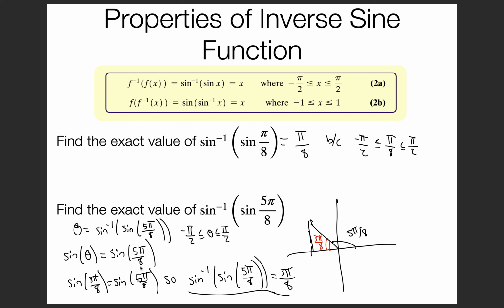I forget what it's called, but I'm going to move forward. When you have 5 pi over 8, I've drawn that over on the right in the picture. When you try to draw the picture and find the sine of 5 pi over 8, you then use, for the life of me, I can't remember the theorem, and that's bad because I'm making this video.